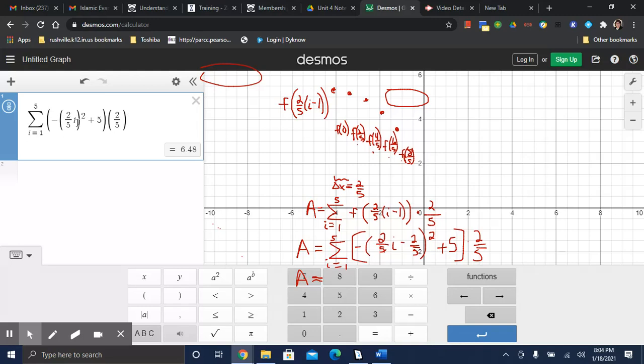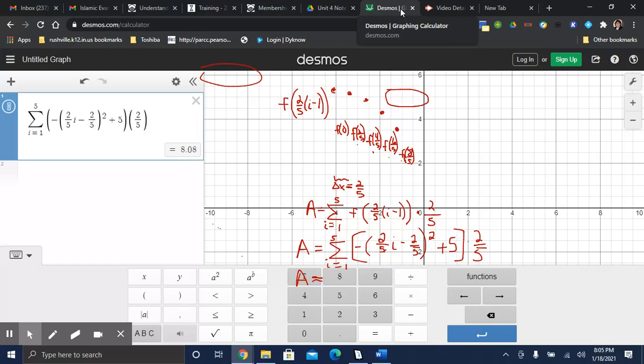So I need the 2/5 i minus 2/5. And essentially, that lets you see that we backed up 1 width. You can kind of see that that happened there. And that was an easy fix, because here's my estimate, 8.08. So the approximate area, 8.08.